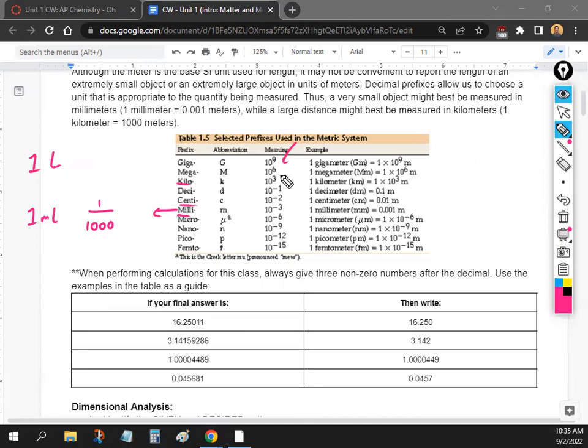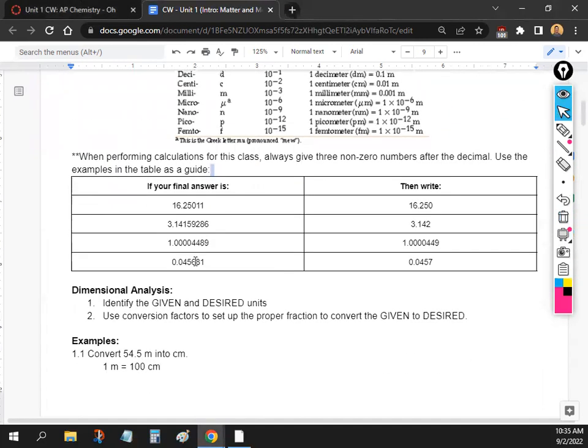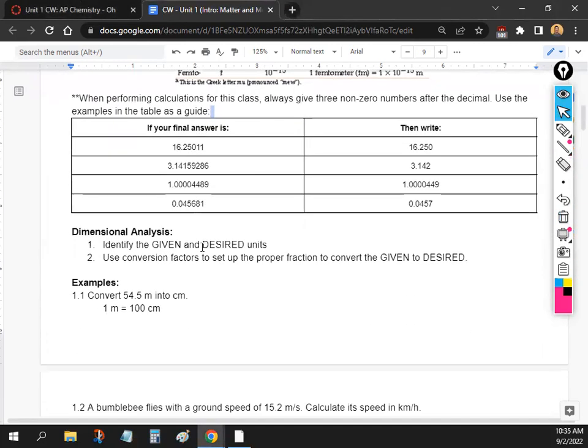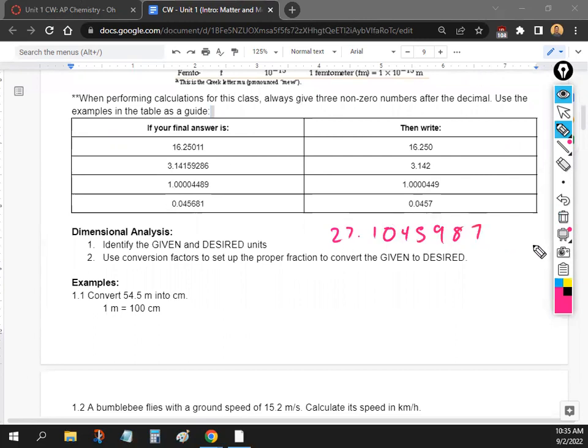Okay, any questions? I'm trying to speed through this intro part just so that we can go into the practice problems. One last thing before we do: when you do your calculations, if you started your homework, you might have noticed that when you do division, sometimes you'll get really annoying numbers, like 27.1045987. Please don't write all of this, because I don't like it.